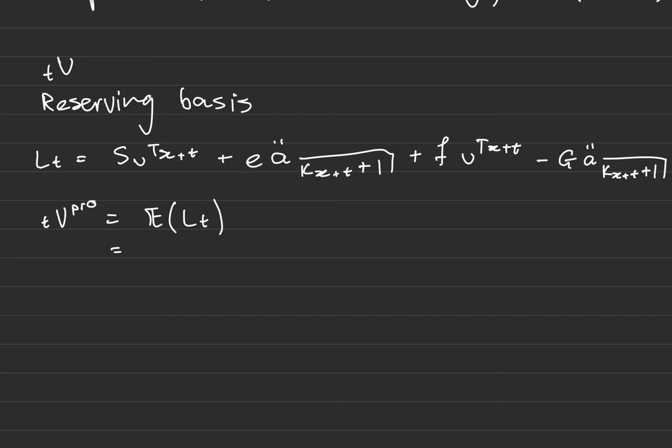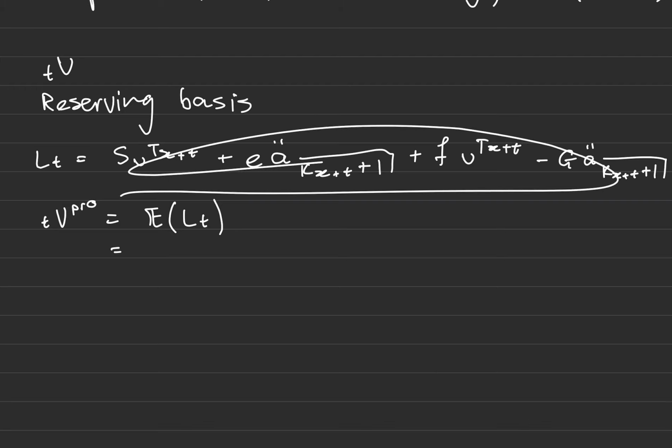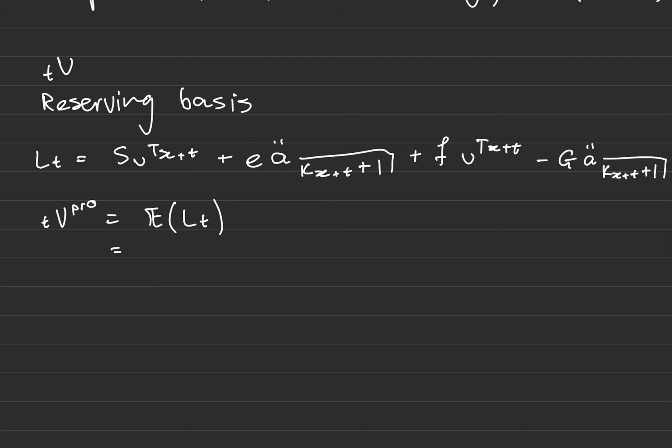Now in actuarial notation, the expectation of this gross future loss random variable, which is the present value of my future loss, and that's a random variable, will be S Ā_{x+t} + E a_{x+t} + F Ā_{x+t} − G ä_{x+t}.